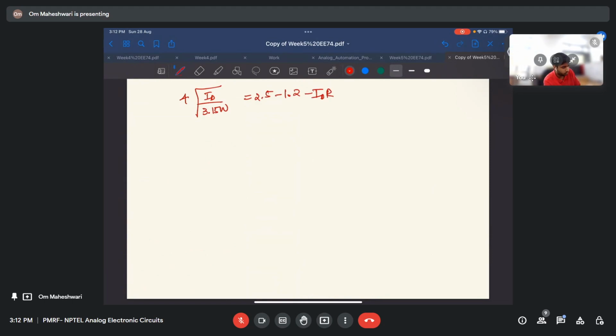And if I solve these values, I'll get ID by 3.15 W as 0.18. Now if I take the whole square and arrange it, I'll get WN equals 1.5 micro. So this is how we will solve this part.